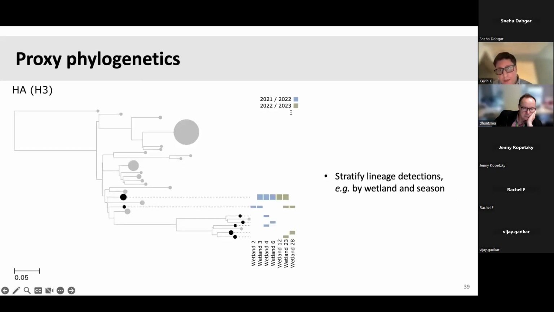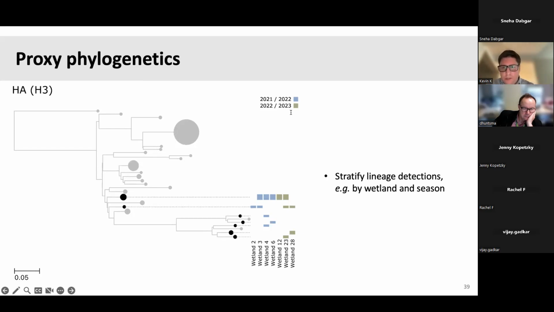Now we can take this a step further by using grid plots to further stratify the lineage detections. So in this figure, the lineage detections are further broken down by wetland and by surveillance season. So in the grid plot, there's a column for each wetland where H3 fragments were detected.